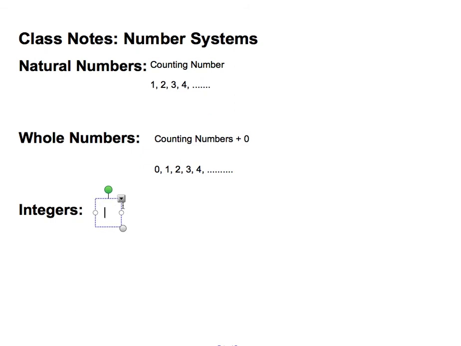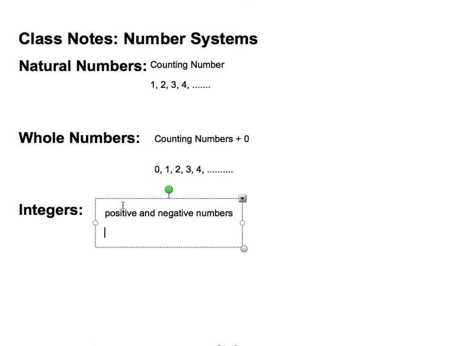So integers came in, and integers are both the positive and negative numbers. So we're talking ..., -3, -2, -1, 0, 1, 2, 3, and we're going to continue on.